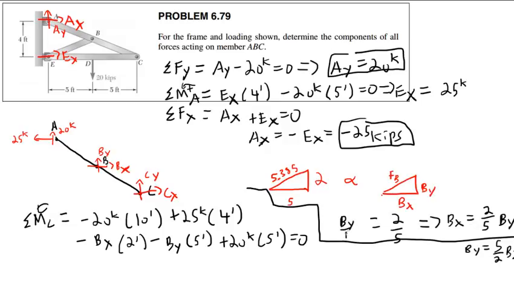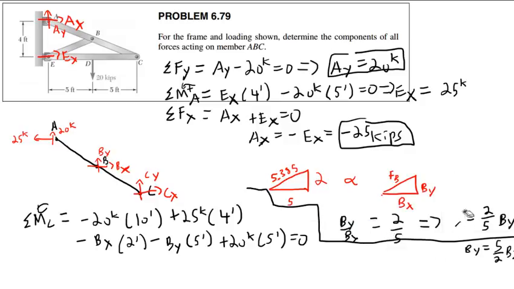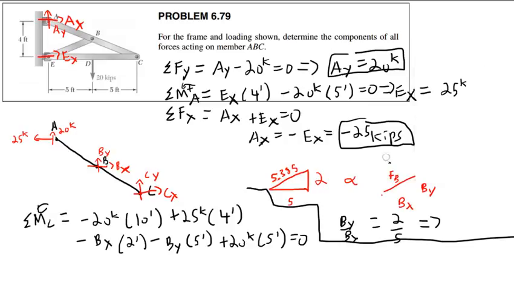By over Bx. Which, I'm having a bigger problem with the other expression over there. Just a second. Let's see, over Bx, and from this I can get By equals 2/5 Bx.